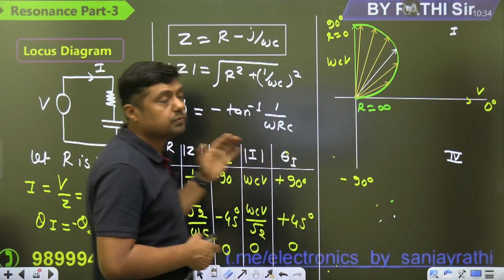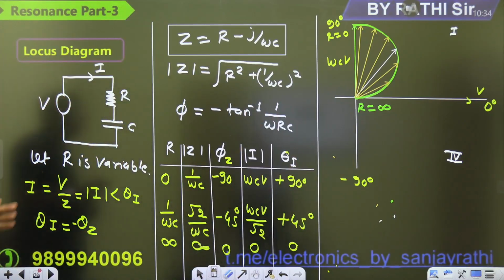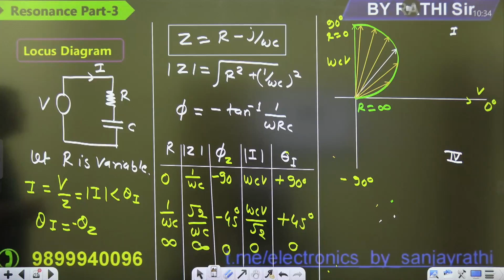This is called the locus diagram, where we have connected the tips of the phasors when making R variable. Okay. Any doubt in any line?